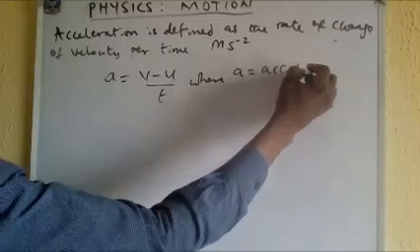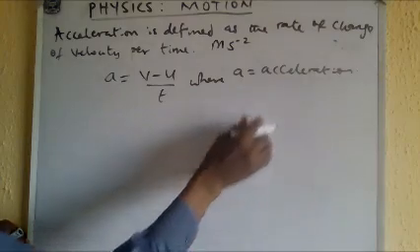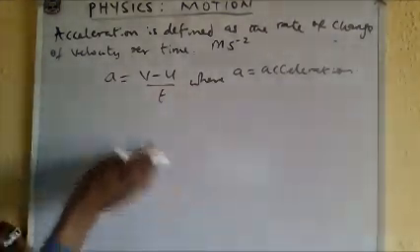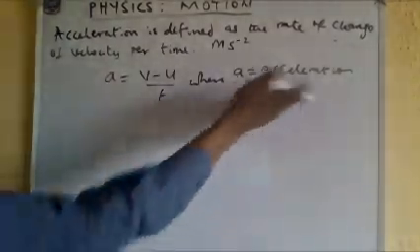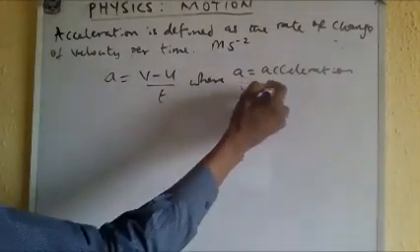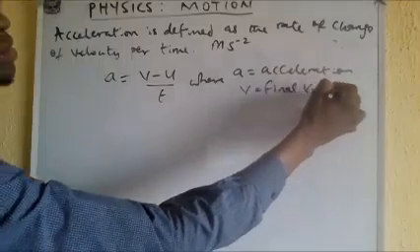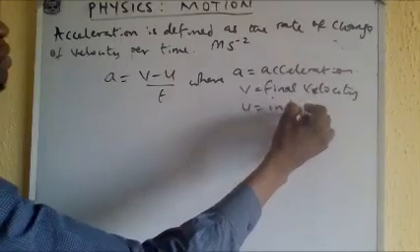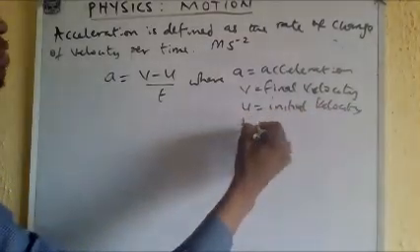In physics, when you are writing the theory section, break a formula like this down and define it. Use notations. A is acceleration, but define it here. They will know what you are saying. V is final velocity, U is initial velocity, and T is what? Guess.